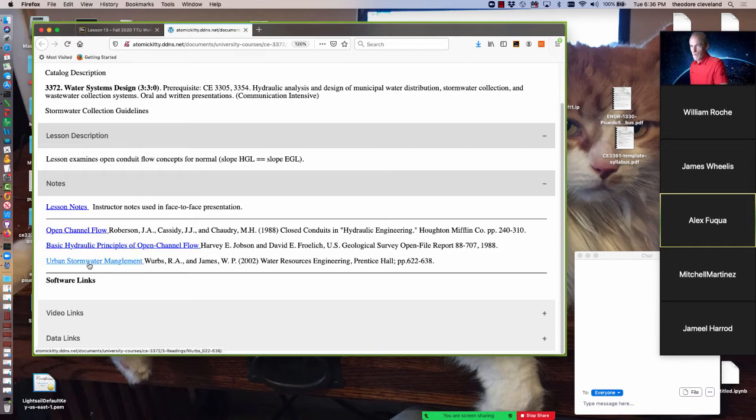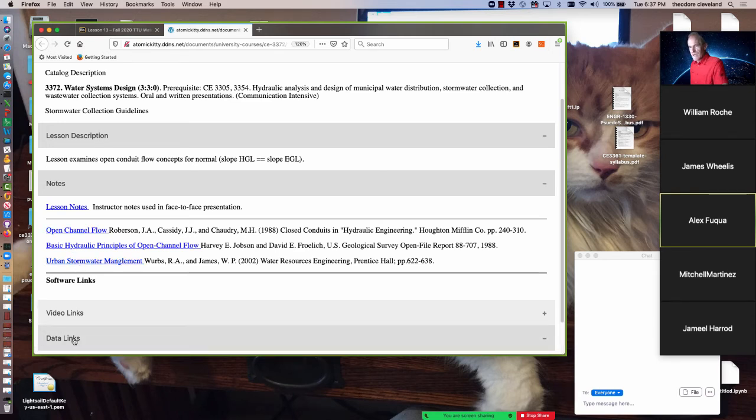And then if you want a more traditional textbook reading, Urban Stormwater Management by Ralph Wurbs and Wesley James, dated 2002, is available. By all means, take the time to look at one of these three, preferably all three of them.